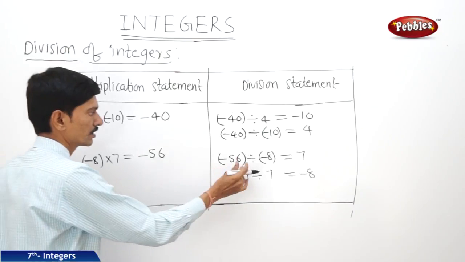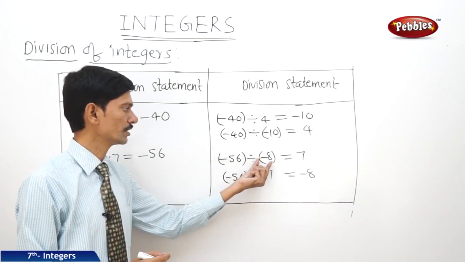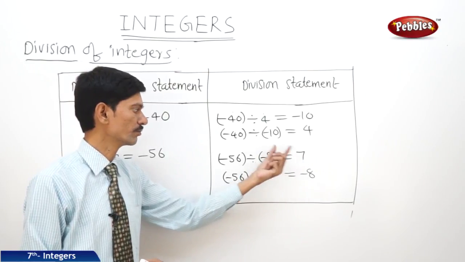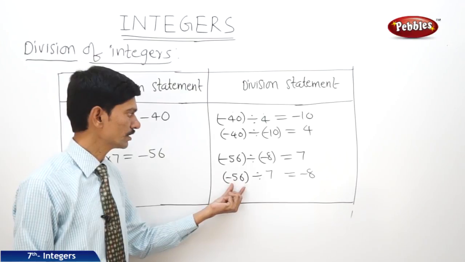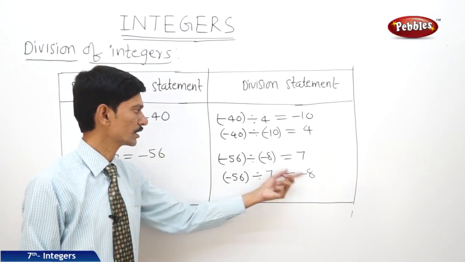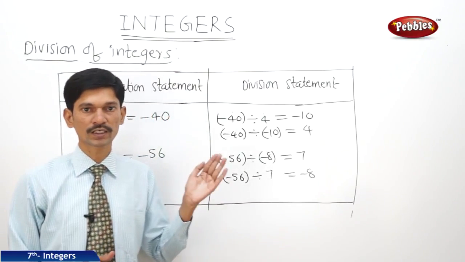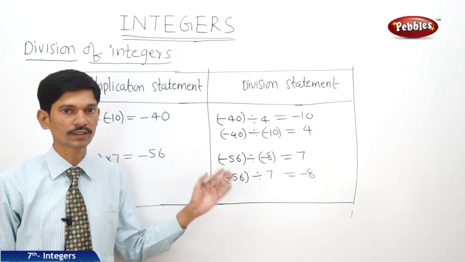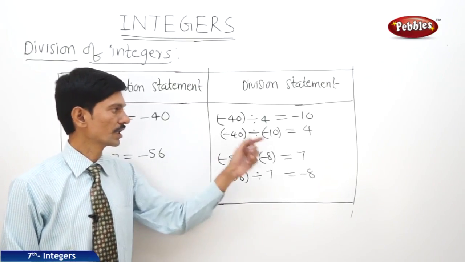And in the second case also, when a negative integer is divided by a negative integer, we got the quotient as a positive integer. In the next case, when a negative integer is divided by a positive integer, we got the quotient as a negative integer. So when a positive integer is divided by a negative integer, or when a negative integer is divided by a positive integer, then the quotient will be a negative integer.